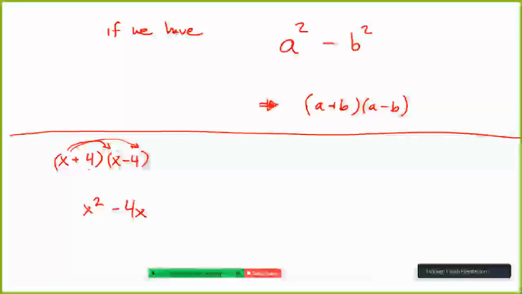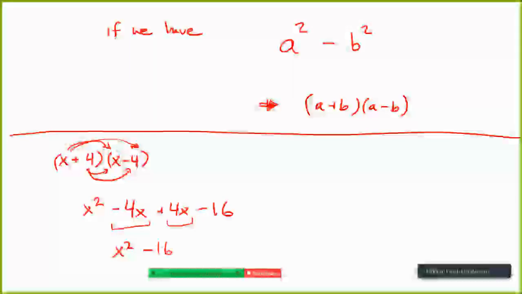And now the plus 4 has to be multiplied to everything, so plus 4x minus 16. So see all those multiplications. There's x squared. Minus 4x plus 4x cancel out completely. It's like saying plus 4 minus 4 together, right? So it goes to 0x, so it goes away. And what's left? x to the second power minus 16.